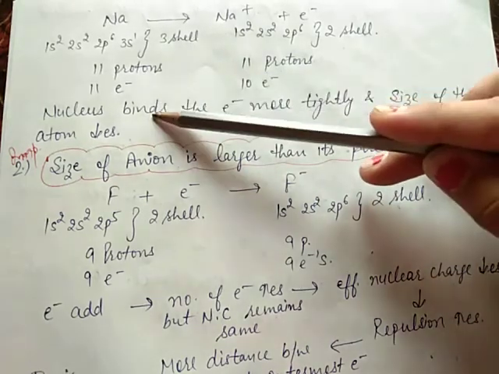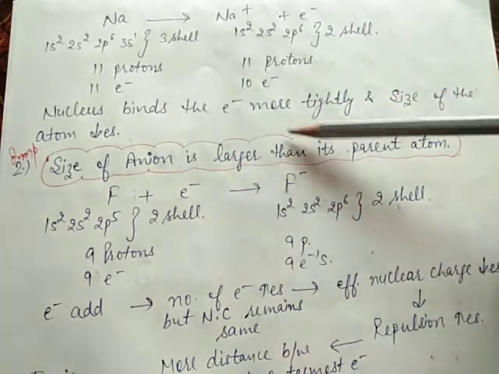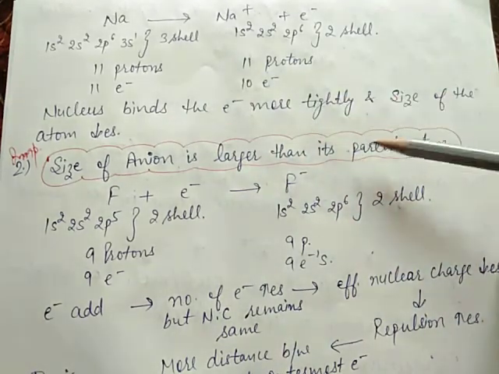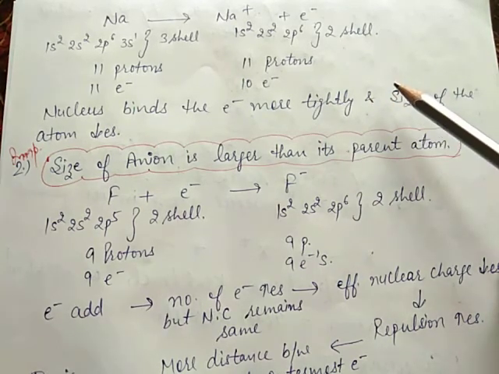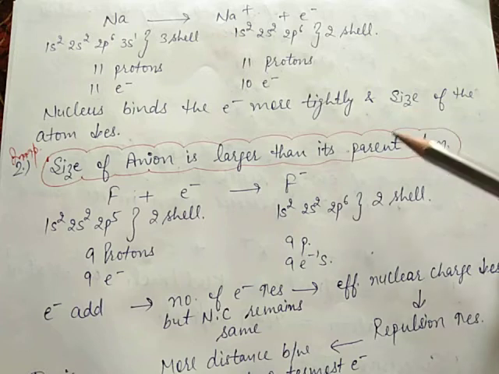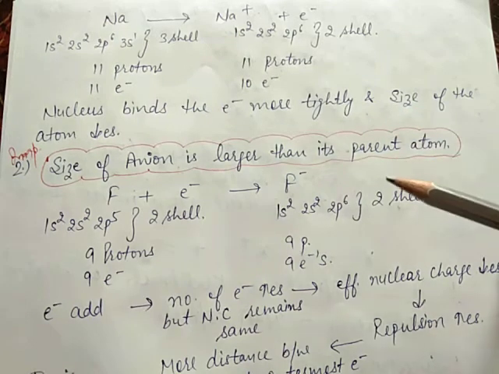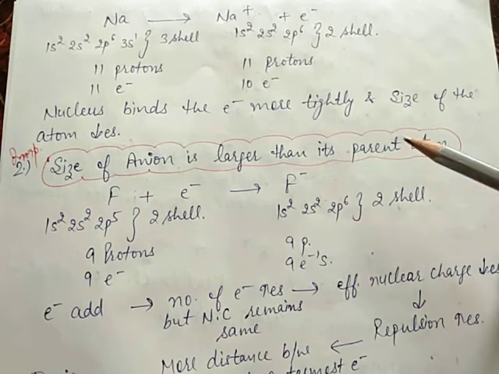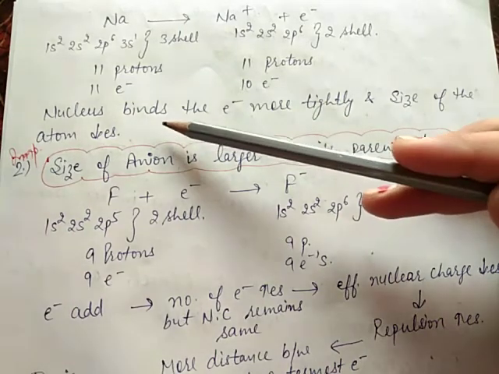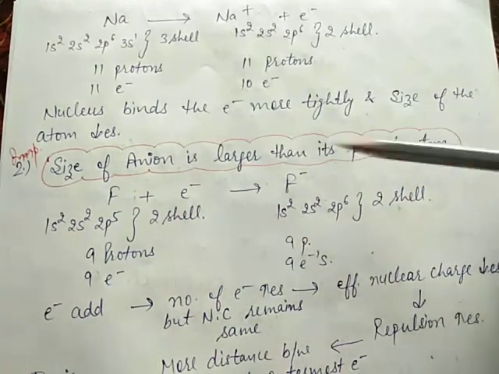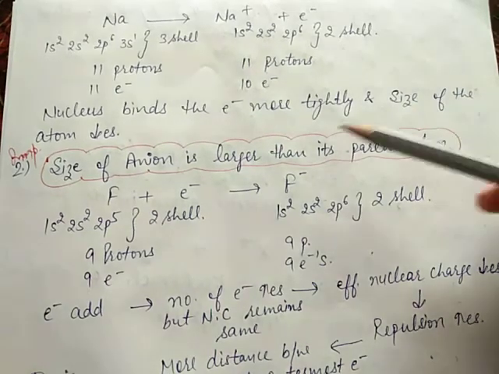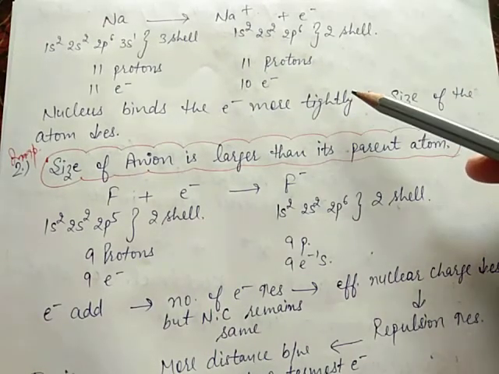So the nucleus binds the electrons more tightly, so effective nuclear charge increases. Effective nuclear charge means the charge of the protons, meaning more protons are present here. So the size of the atom decreases. So a cation is always smaller than its parent atom.